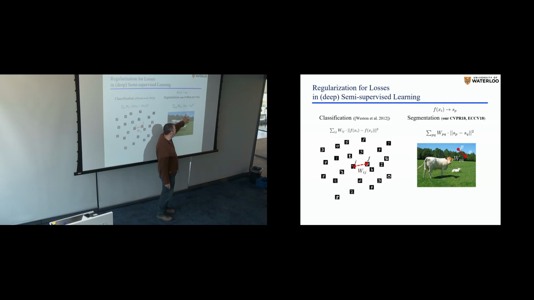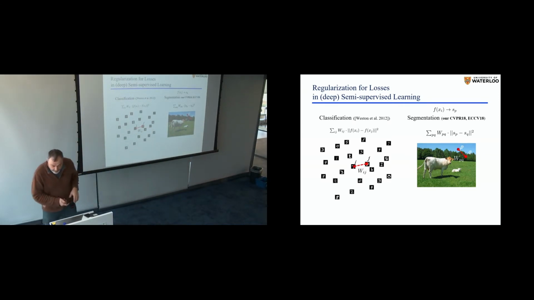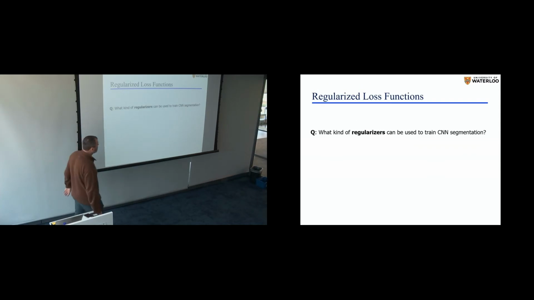For example, the typical ones: affinity depends on the distance between the pixels. Often it's just affinities between nearest pixels, but it could be a bit more. And also similarity in their color. If they're similar in color and nearby, then affinity is high. Not surprising, because that's exactly what we've been doing in the shallow context.